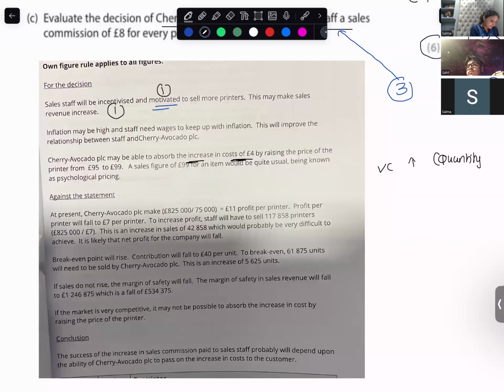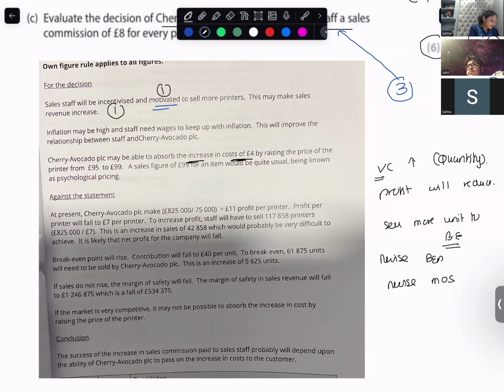If your variable cost will increase, your profit will be reduced. Then you will have to sell more units to break even. You will have to calculate the revised break-even point. You will have to calculate the revised margin of safety.